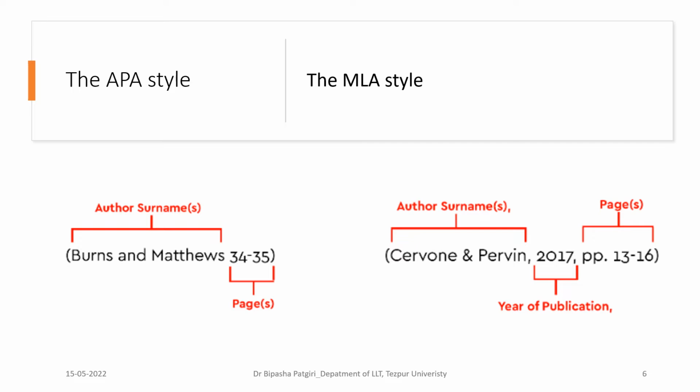In case of MLA style, you have the year of publication, again optionally, but I would recommend combining both the APA style and MLA style. You should practice a very good habit of academic writing, that is, along with the author's name or names. If it is more than one name, then you have to mention all of them, like Burns and Matthews in this case, and Kervon and Povin in this case.